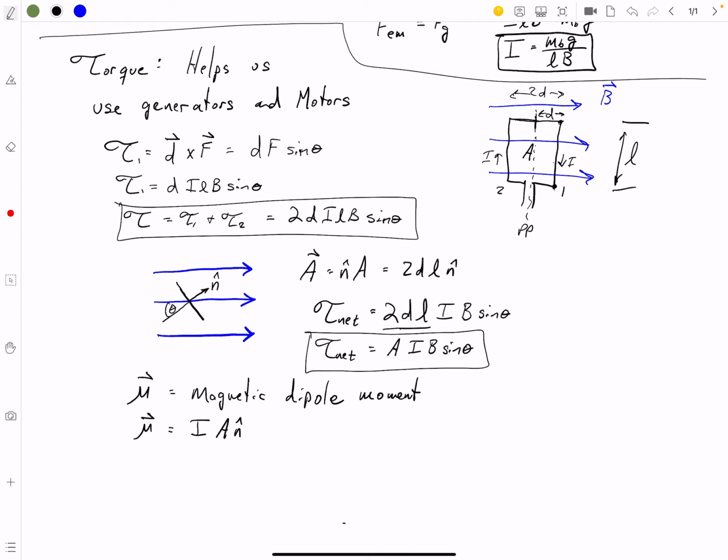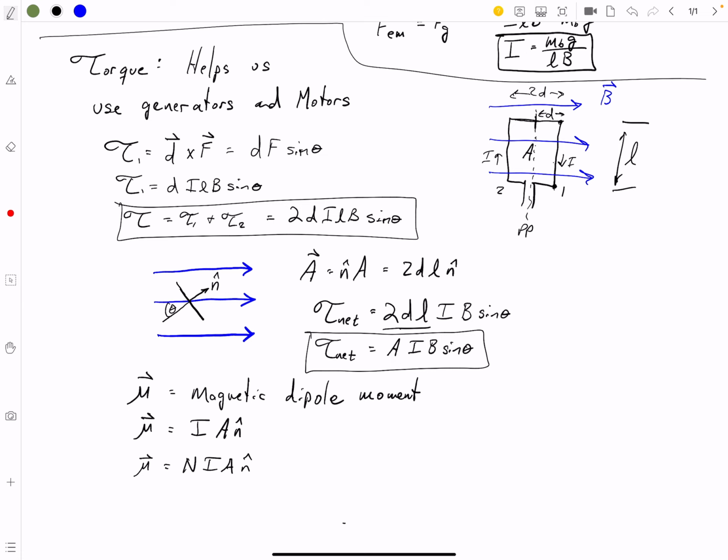So we could have multiple loops. All the loops added together will all have the same area, the same current, and there will just be n of them.